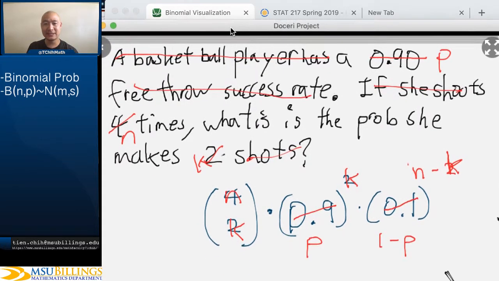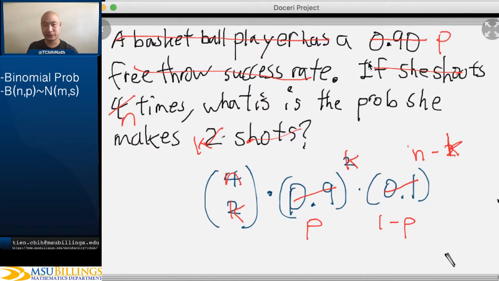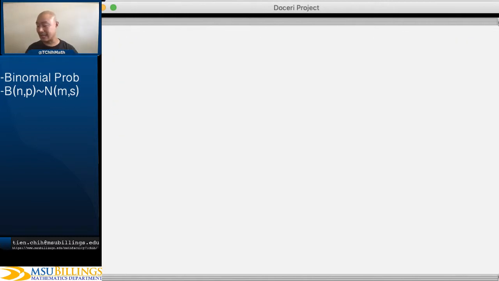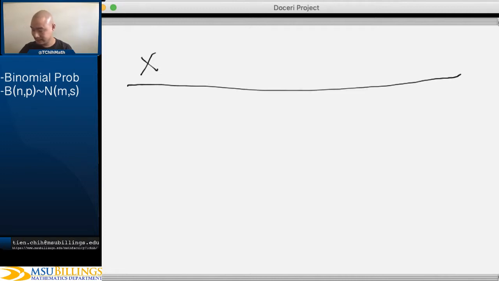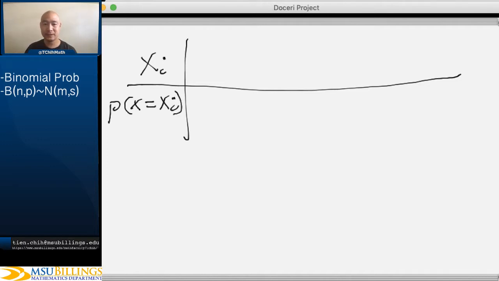Now, this gives us a probability distribution, doesn't it? So you could ask the same question we always ask in cases like this. You have all of these possible outcomes.